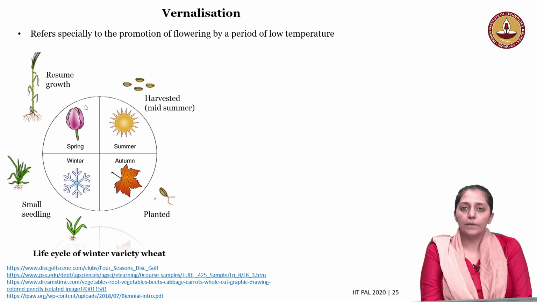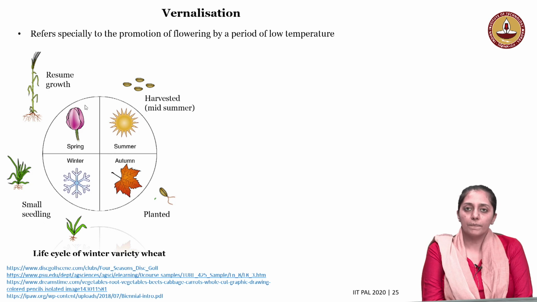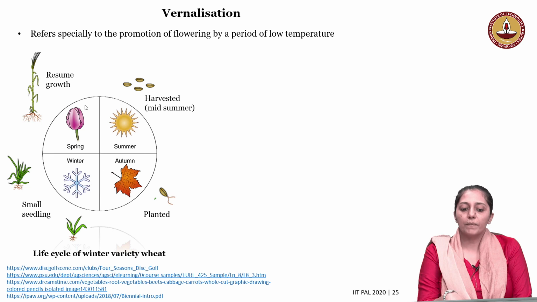Now, during this cold period of growth of the plant from seedling and as it matures, the cold temperature causes enhancement or induction in flowering, and therefore in spring season you see flowering happening, which then subsequently matures and is ready for harvest in the summer season. So, this low temperature is used by the plant to induce flowering in the growth cycle.